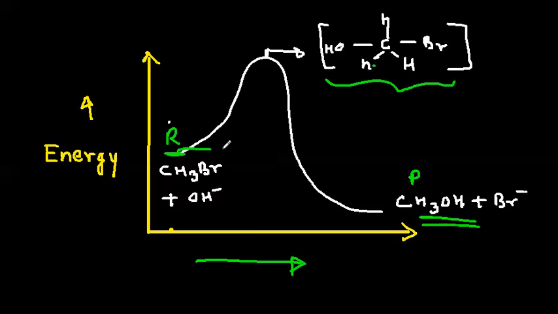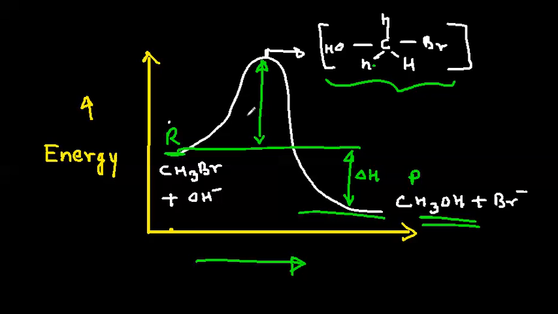And you can also show some things if you're familiar with thermodynamical concepts: this is the difference between the energy of the products and the reactants, which is called del H, the change in enthalpy. And this is the energy, you can see, to which the reactants must be taken before they are converted into products, which is known as the activation energy.